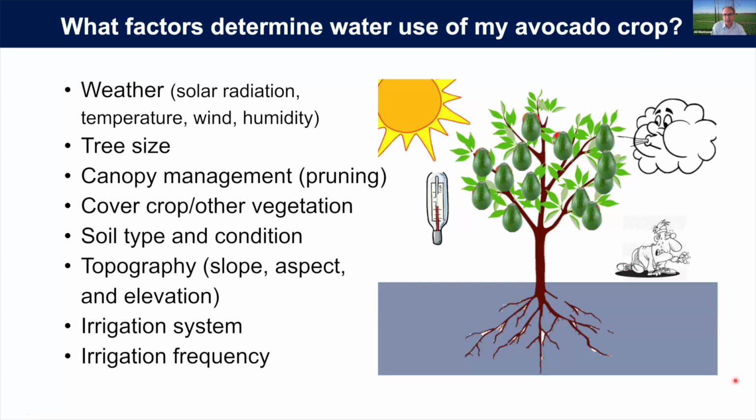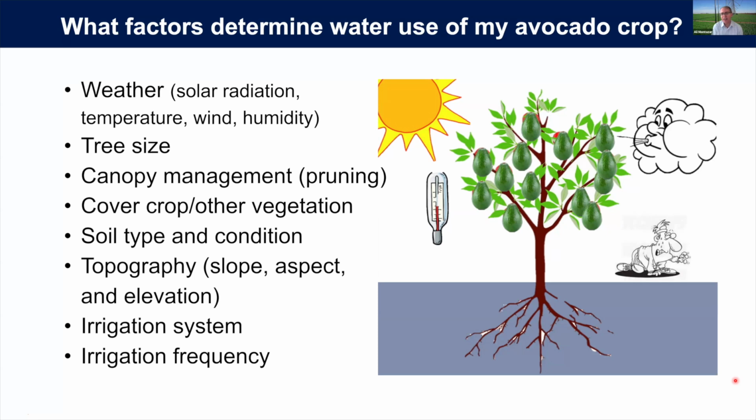When it comes to plants, tree size, how old the trees are, is a driver. Canopy management and pruning, how do you do the pruning? When? If there is any cover crop or other vegetation on the ground, they may impact the crop water use. And of course, soil types and condition.